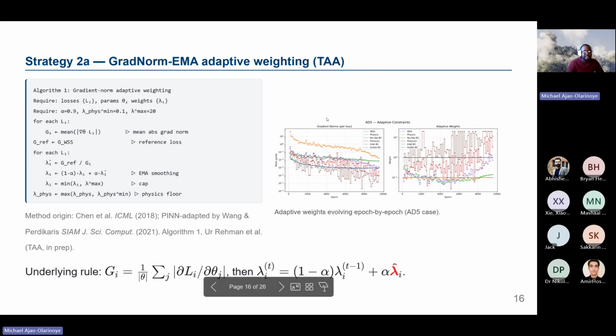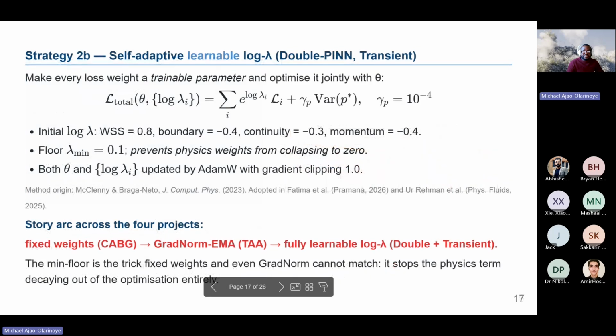Okay, then the third one is a self-adaptive learnable loss weight, which we use in the transient problem. Now, I discovered it in a research paper, and the way it works is we make every loss weight a trainable parameter.